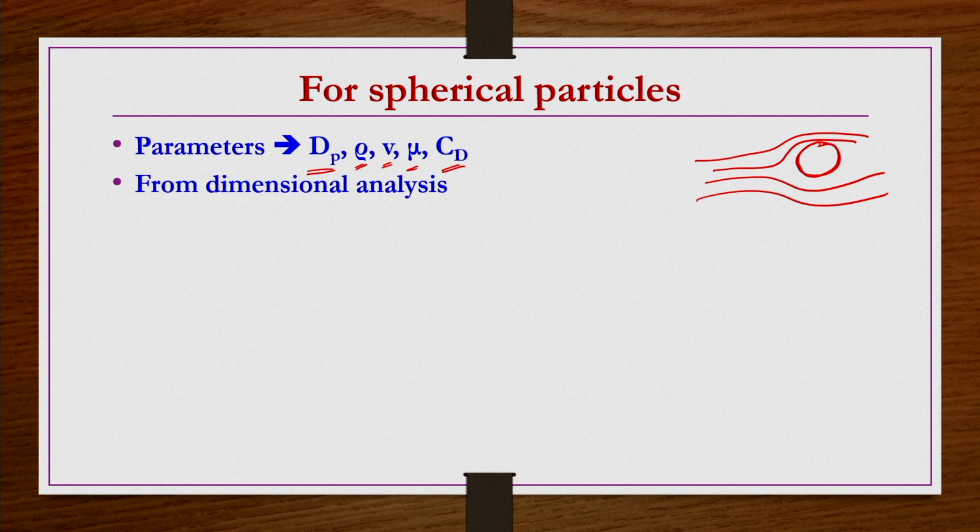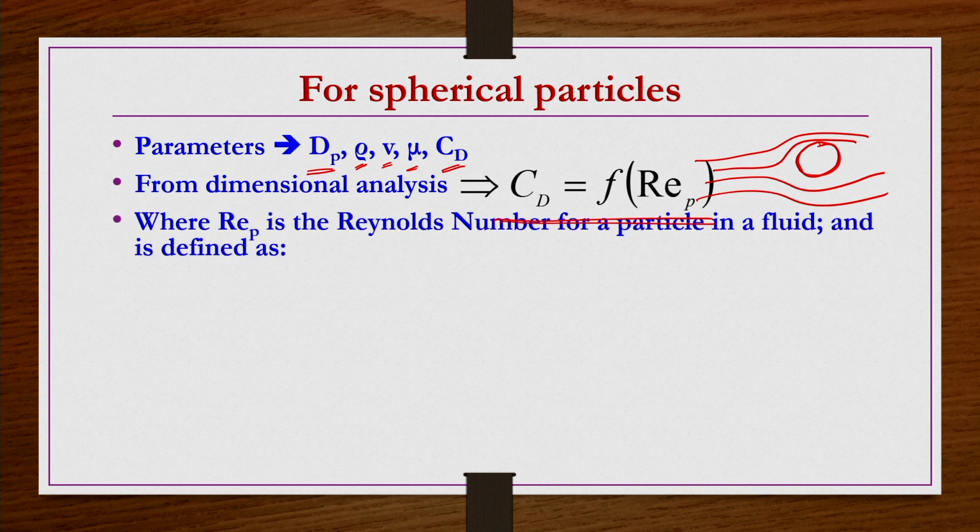One is the drag coefficient and the other is the Reynolds number. From this dimensional analysis, we understand that CD is going to be a function of Reynolds number, REP. The Reynolds number for a particle in a fluid is defined as dP V rho by mu, for a particle settling in a Newtonian fluid.